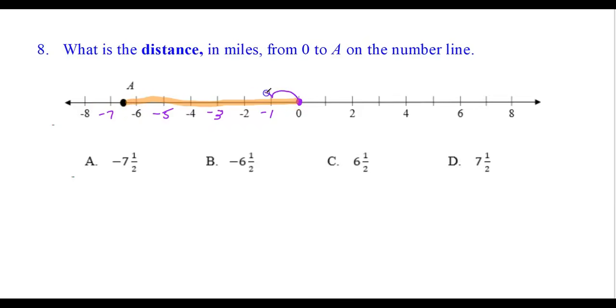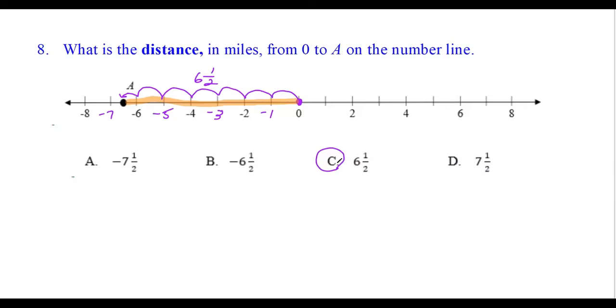Let's count it. 1, 2, 3, 4, 5, 6, and then just halfway here. You should see that this point is halfway between negative 6 and negative 7. So the distance is 6.5, which matches up with C.